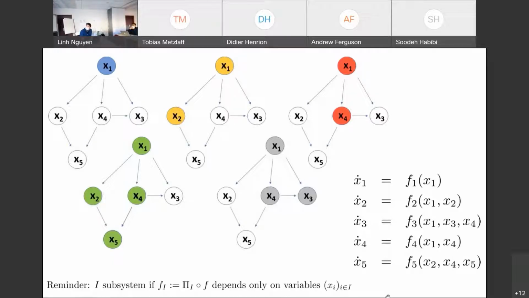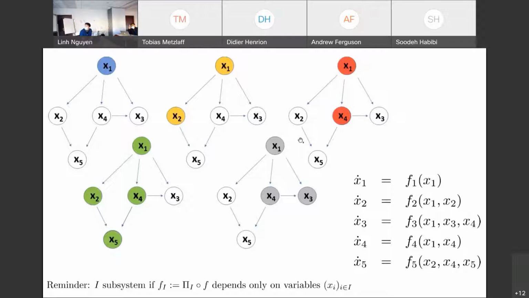What it says is that if we only look at the colored nodes together, then their dynamics is independent of the rest. For example, for x1, this is trivial. We just look at the node x1, and we have no need to include other nodes into the dynamics.